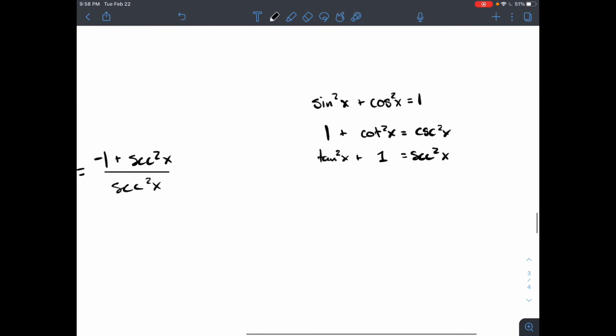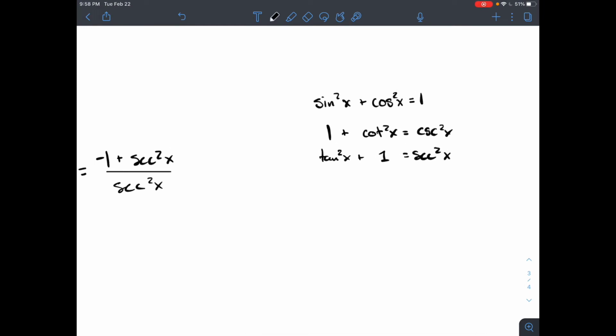Now, so what do we have here? I see a minus 1 and a secant. So if I look at our last one, I can get tangent squared of x is equal to secant squared minus 1, which is what we have. So we can get that this is tangent squared of x over secant squared of x.